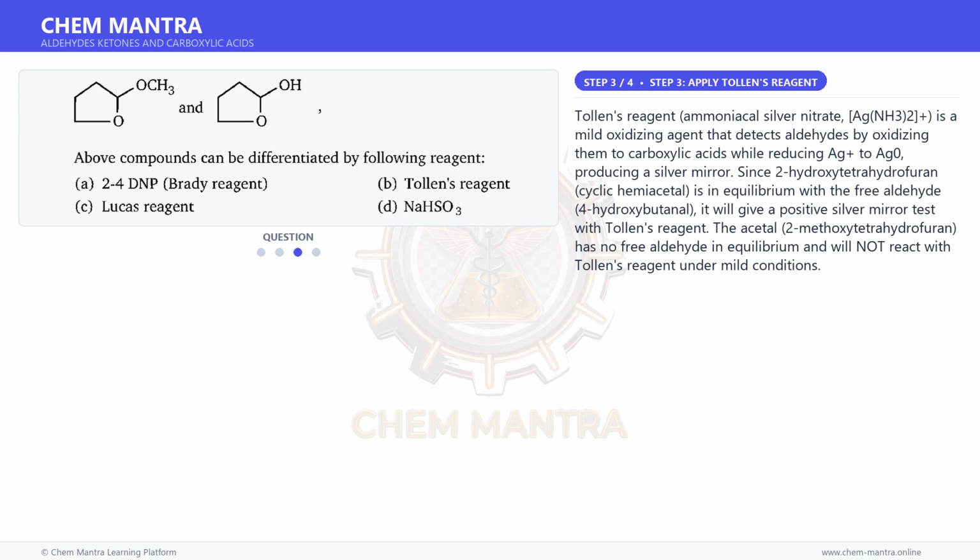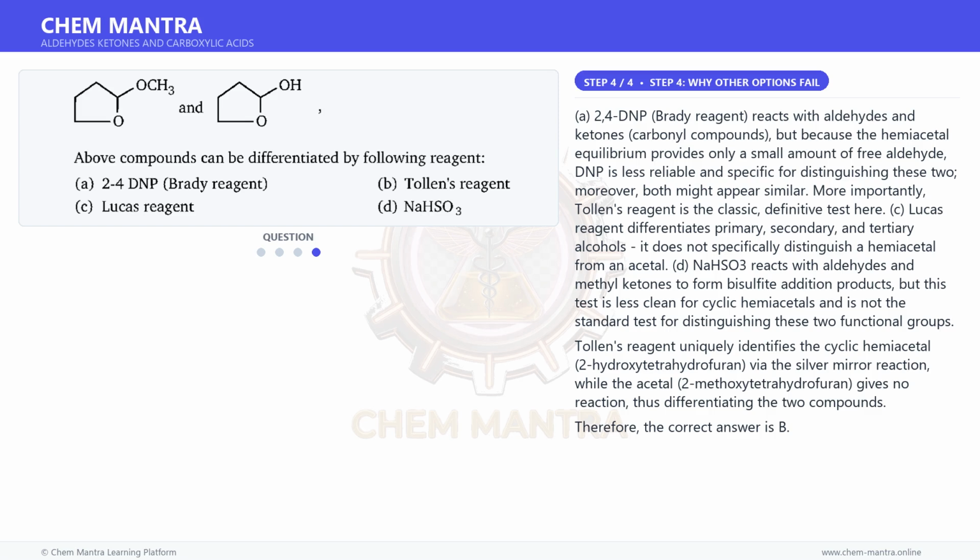The acetal, 2-methoxytetrahydrofuran, has no free aldehyde in equilibrium and will not react with Tollens reagent under mild conditions.